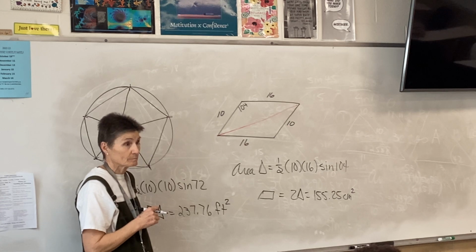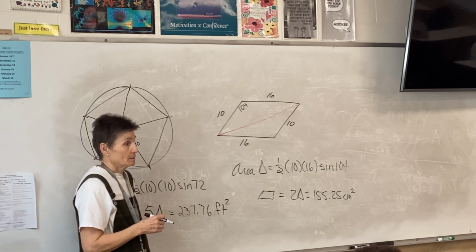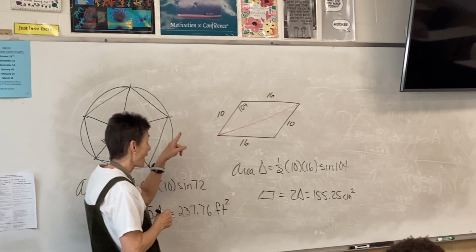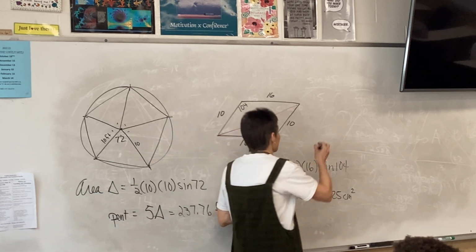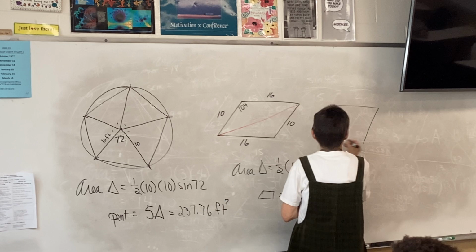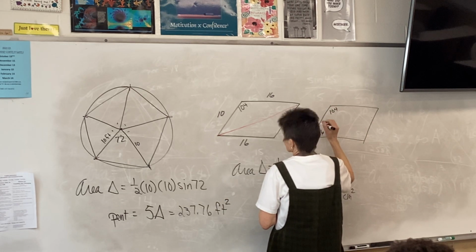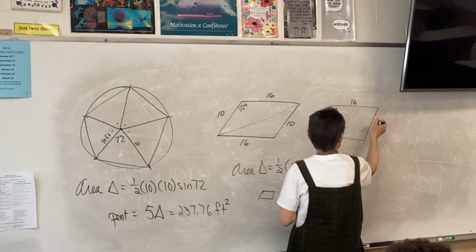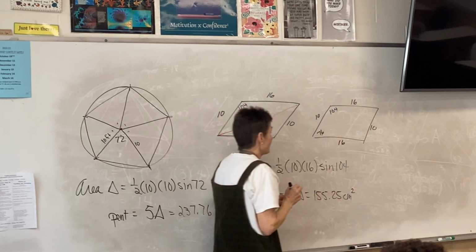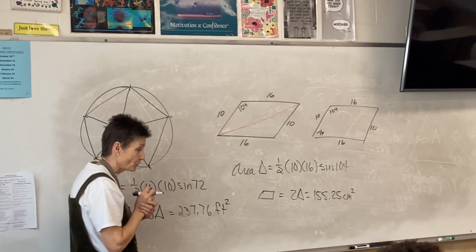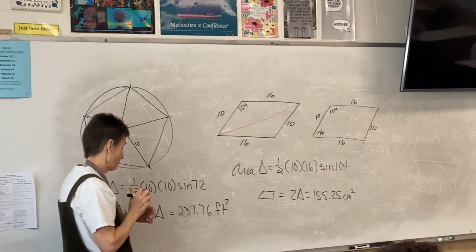Okay, we're doing great. All right, find the length. We're going back to this parallelogram. Same parallelogram. This is 104, this is 76, this is 10, this is 16. And I want to find the length of the shorter diagonal.